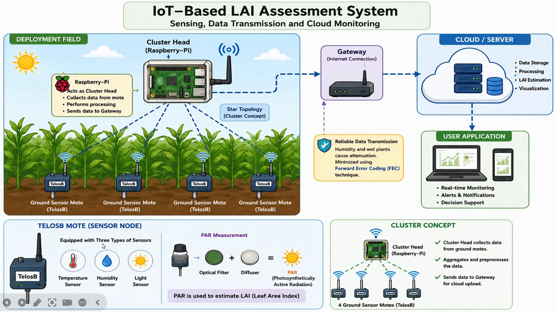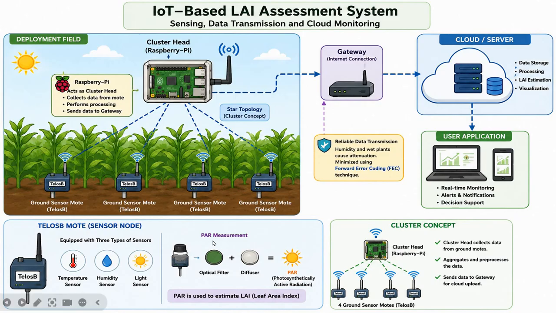These nodes are commercial off-the-shelf devices equipped with three sensors, that is the temperature sensor, humidity sensor and the light sensor. The temperature sensor measures the surrounding temperature, while the humidity sensor monitors the moisture level in the environment, and the light sensor is used to measure the sunlight density.